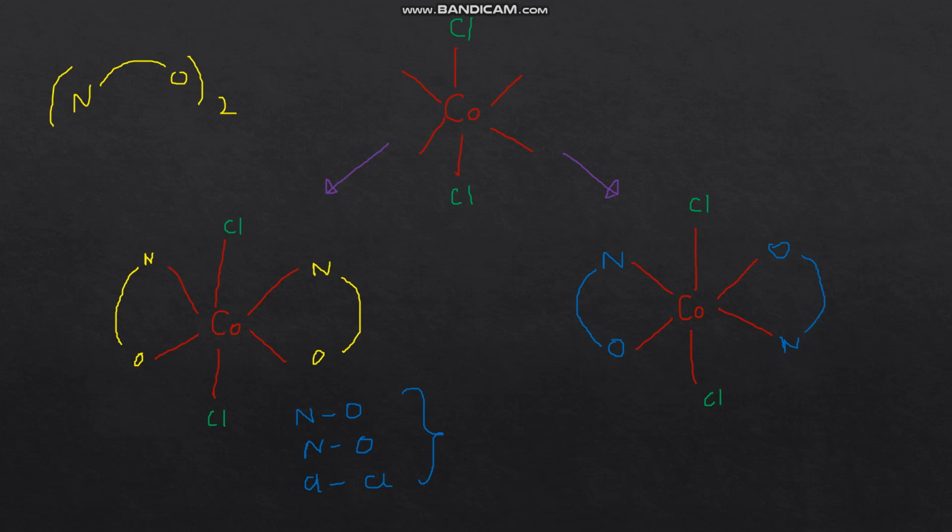So now the opposite pairs are N opposite to N, and O opposite to O, and chloride is opposite to chloride. Quite simple now. These are two geometrical isomers because the opposite pairs are different here.